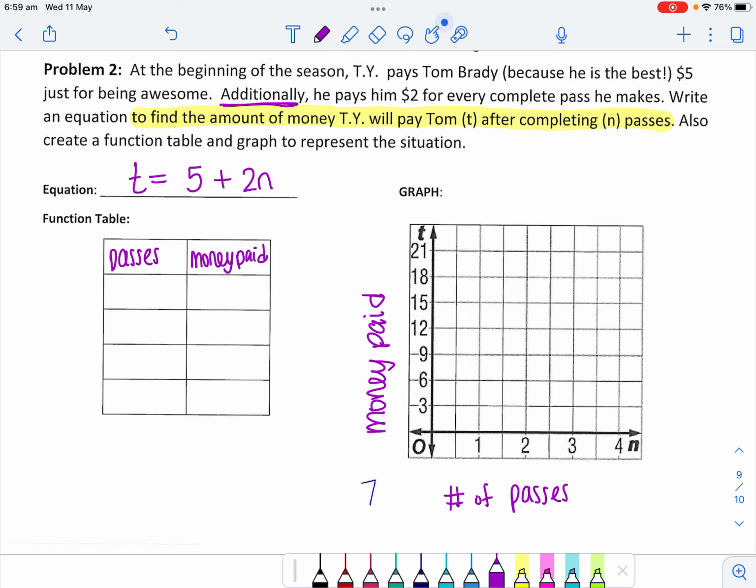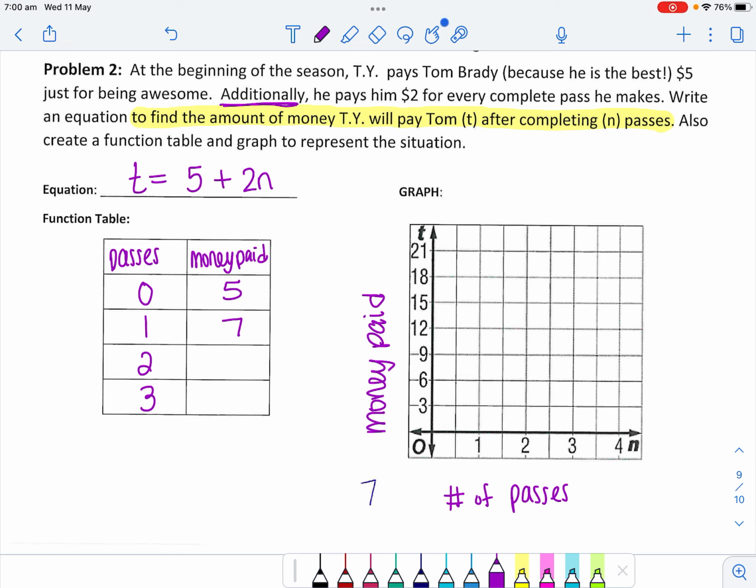So I'm going to create my table using this rule. If Tom Brady completes no passes, 1 pass, 2 passes, or 3 passes. If Tom Brady completes no passes, he's still going to get $5 for being awesome. If Tom Brady completes 1 pass, he's going to make $5 for being awesome, plus $2 for completing the pass, so he's going to make $7.